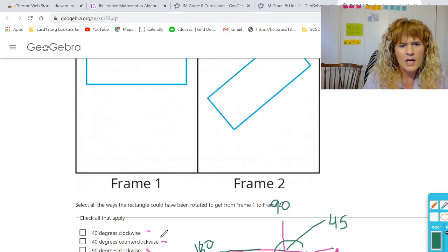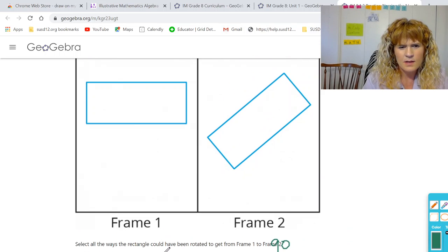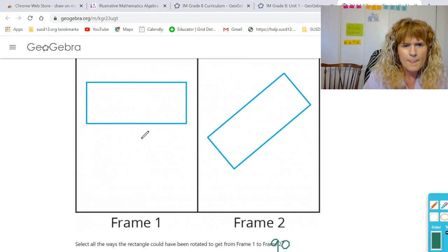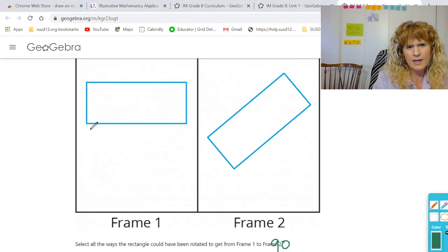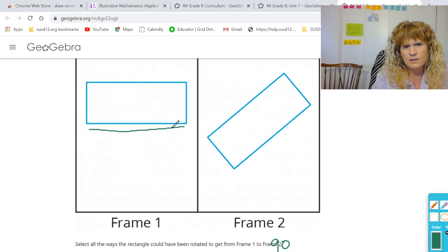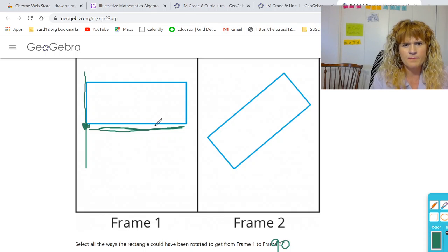40 degrees clockwise. That's the same direction as a clock. So if this were to rotate 40 degrees clockwise, I can imagine my axis right here. And I'll draw something like that. So this is going to be my center of rotation, I guess. Let me rotate this 40 degrees clockwise. Well, I can go 40 degrees down.